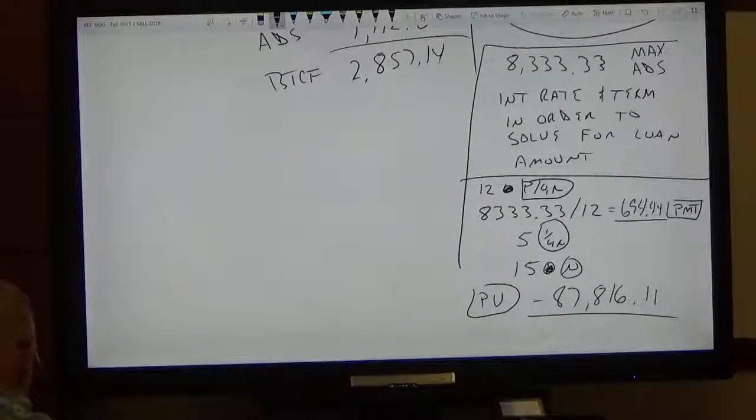Now, this is the maximum loan amount. That's not the purchase price of the property. That's the maximum loan amount on the property.